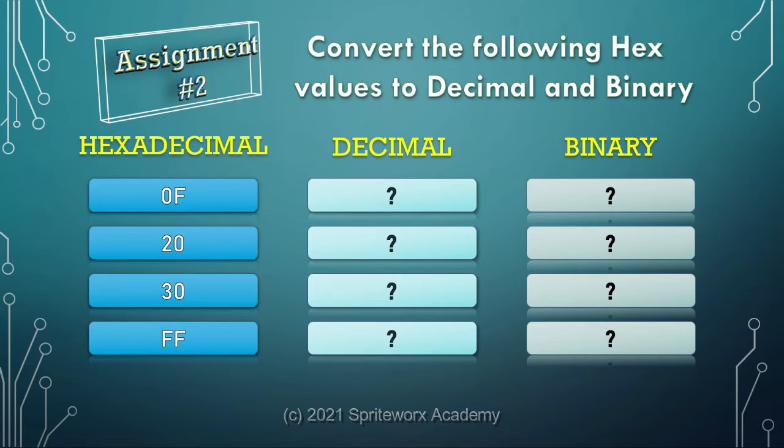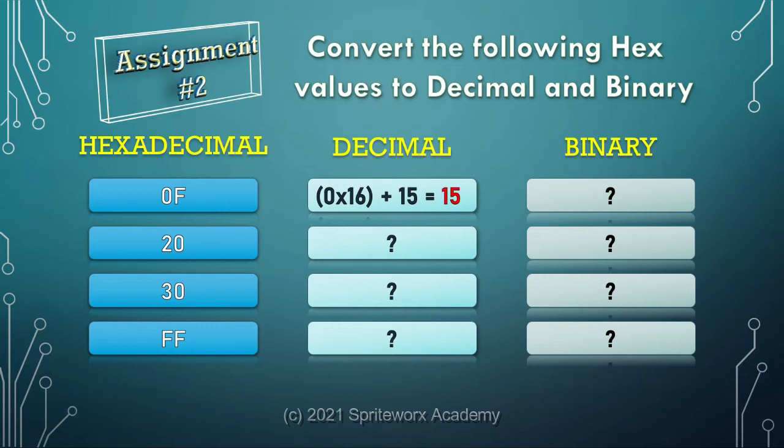So for the first example here, we have 0F, and we take the leftmost digit, which is 0, and that gives us 0 multiples of 16, which of course equals 0. So we take 0 times 16, which is 0, and we add to that the other character, which is F, which we should remember equals a value of 15 in decimal. So if we add 0 to 15, of course we get a total value in decimal of 15.